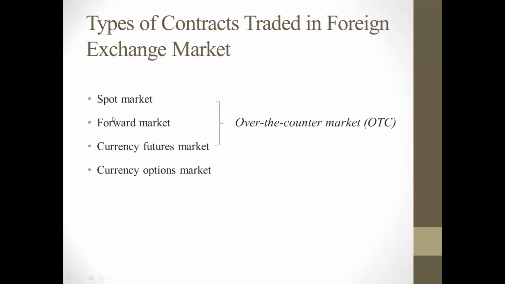But compared to the spot and forward markets, the currency futures market and currency options market are not over-the-counter markets. Normally, we call them derivatives. Right? These currency options and currency futures, we normally call derivatives. Okay, forward also we call a derivative, but forward and spot here we count as over-the-counter markets.